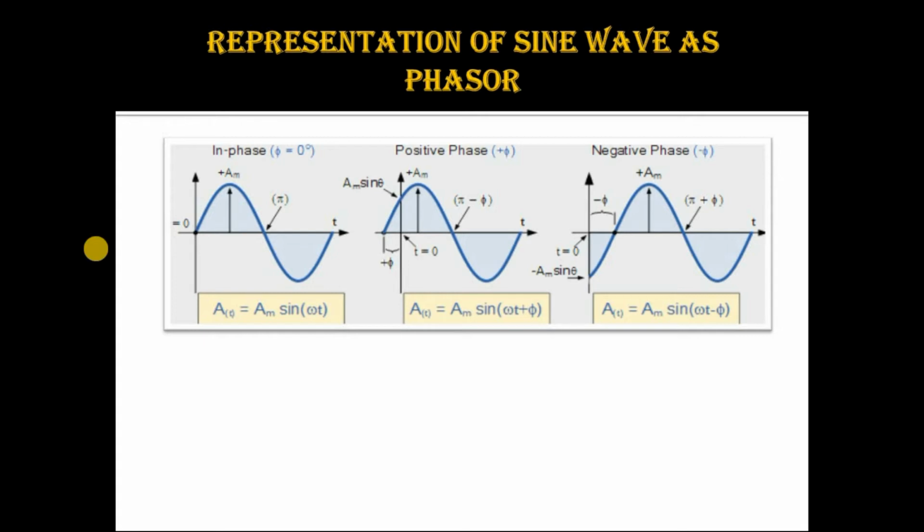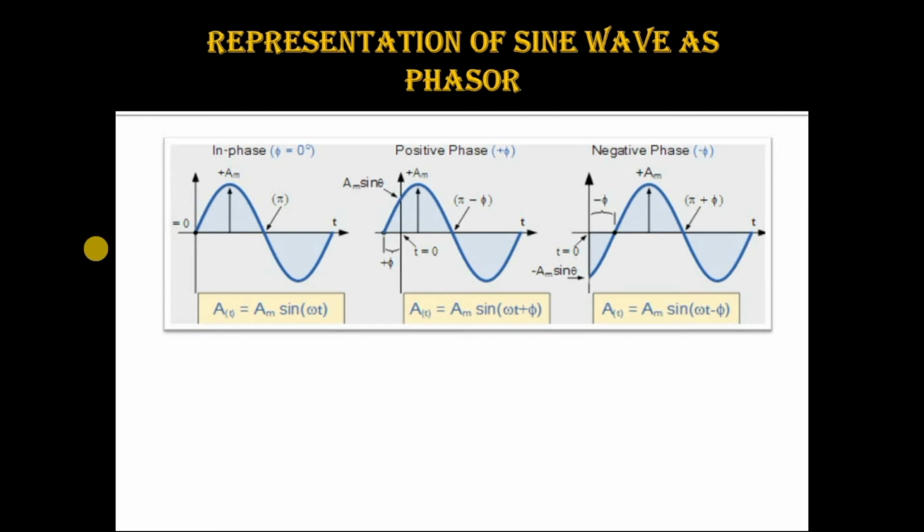The magnitude of the vector equals the maximum value of the sine wave, and the speed of rotation is omega. Positive real axis is taken as reference for measurement of angle. Positive angle is measured in anti-clockwise direction since the vector rotates in anti-clockwise direction, and negative angle is measured in clockwise direction. So that is the vector concept we have covered in earlier sessions.